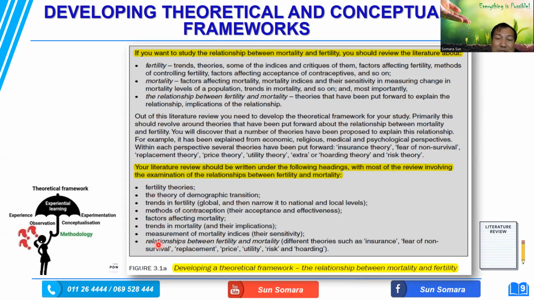So all those things you can get from the way you build a theoretical framework, and then you can see the scope in it. Whenever you come up with that part, you need to categorize it into the main themes or main theories there.